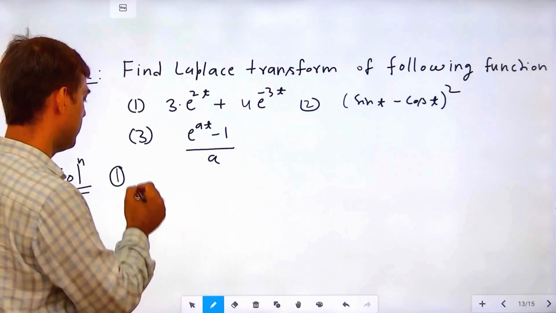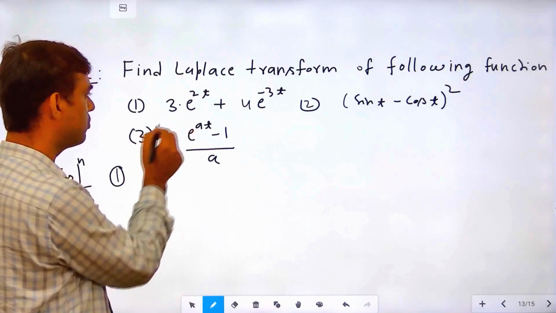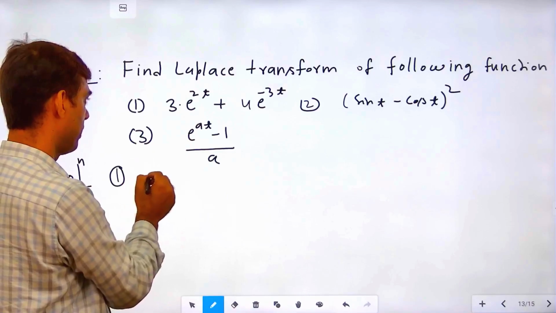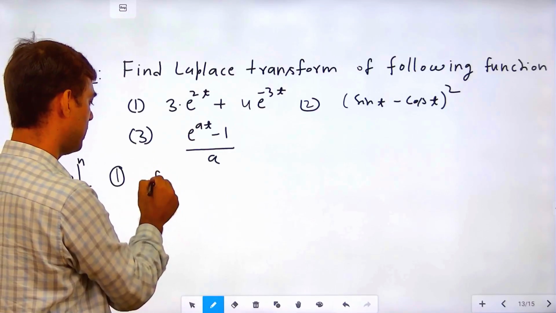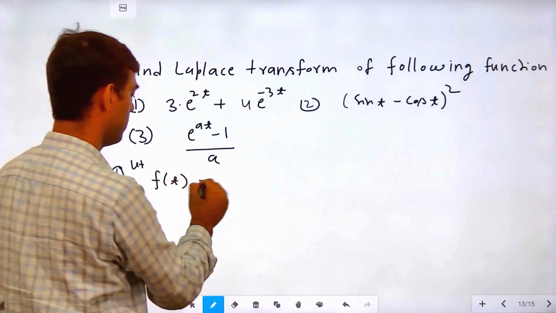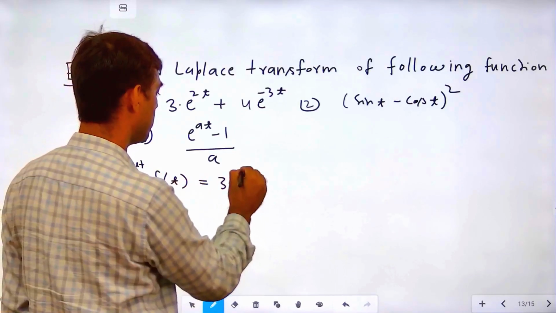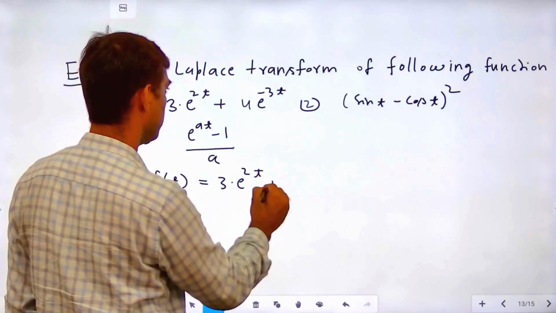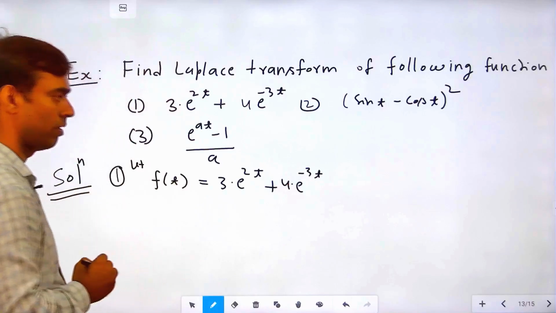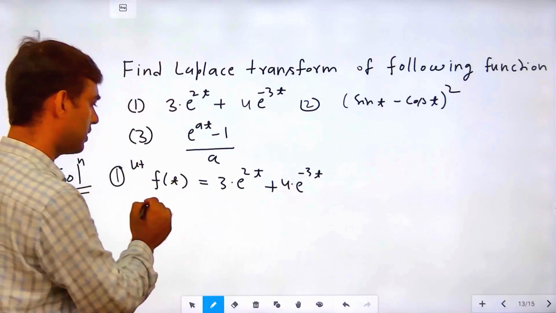So let us find the Laplace transform of the first function. Here let f(t) be 3 e to the power 2t plus 4 e to the power minus 3t. So what is the Laplace transform?